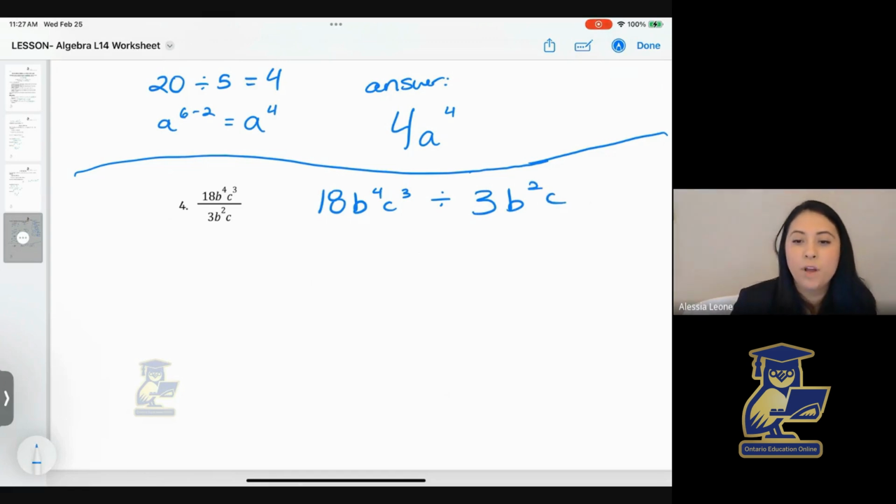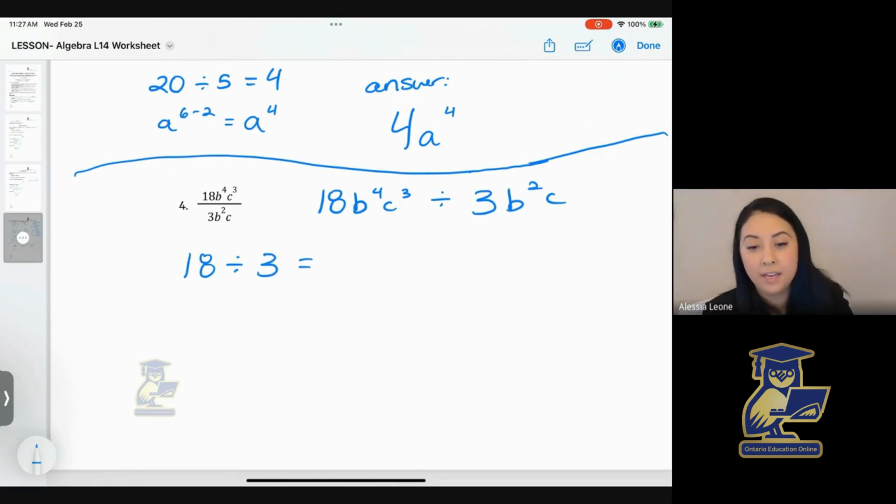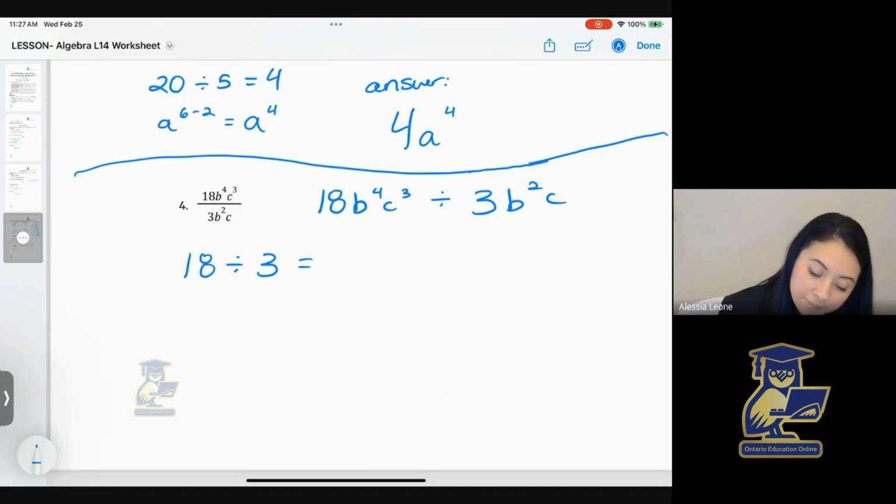Okay, step 1, work with our coefficients. We are dividing. 18 divided by 3 is 6.